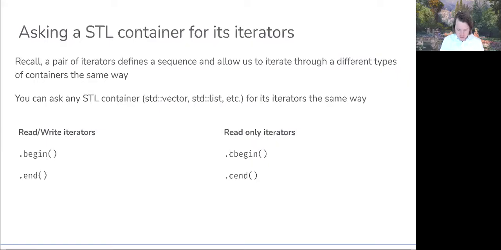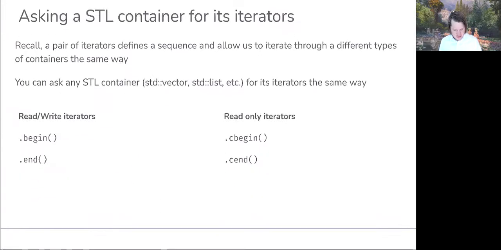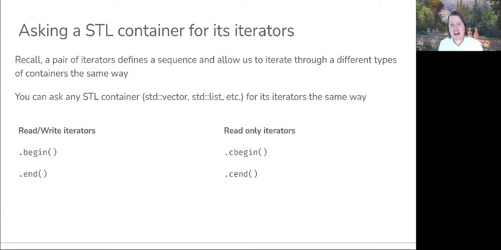So I believe this is getting towards the last slide here. How do we ask a container for its iterator? Well, recall a pair of iterators defines a sequence, and they're going to allow us to iterate through different types of containers the same way. You can ask any STL container, whether it's a vector, list, or otherwise, for its iterators all in the same way.